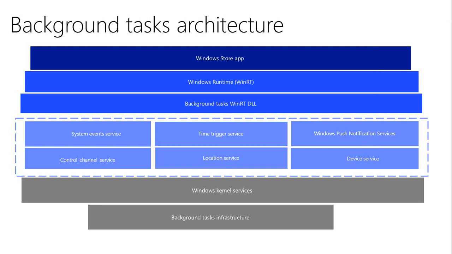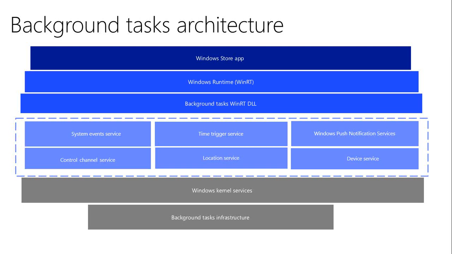For example, the control channel service contains a socket. Say there's a VoIP application and a socket connected to a server, and a packet approaches the socket. I'm taking the old example again for more clarity. If there's a packet coming to the socket, the control channel service listens to it and then fires the trigger.